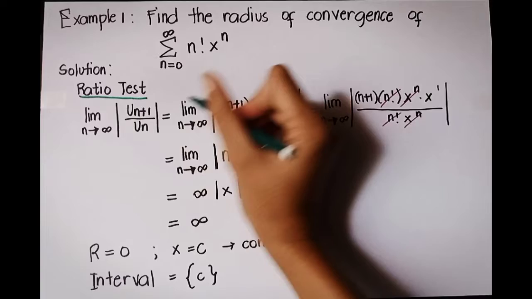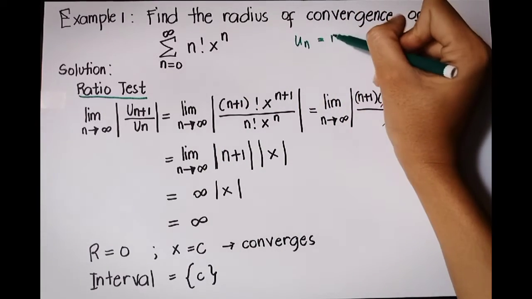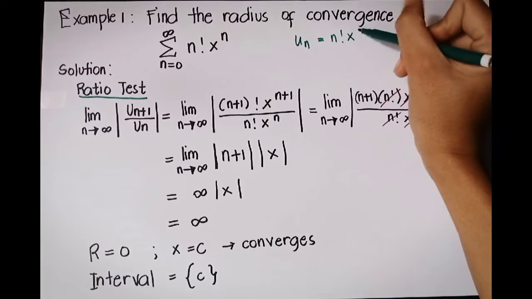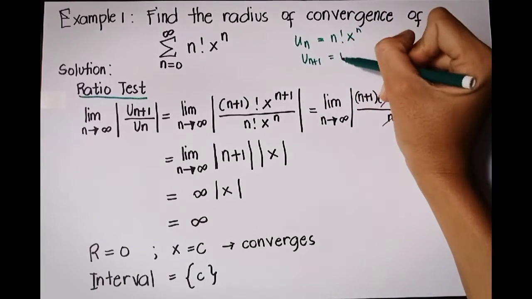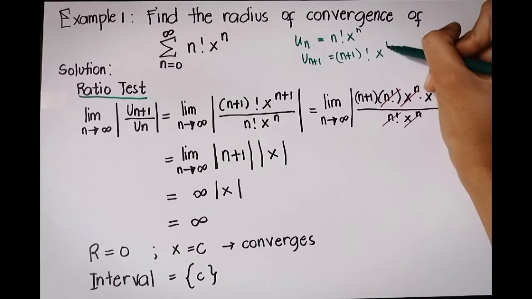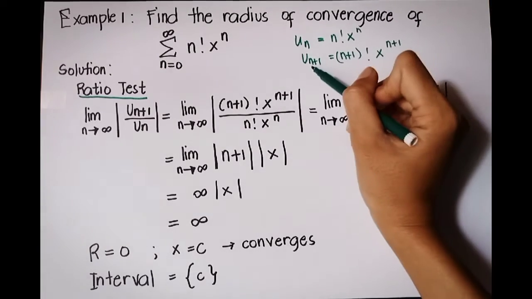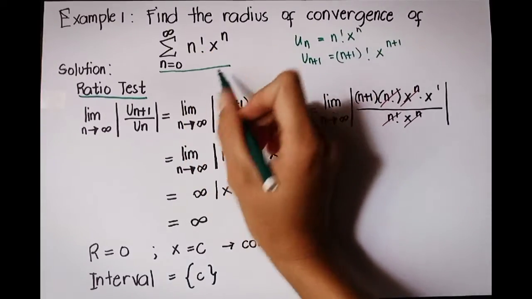We let un equal n factorial times x raised to n, and un plus 1 equals n plus 1 factorial times x raised to n plus 1. So this is our value of un from the given series.